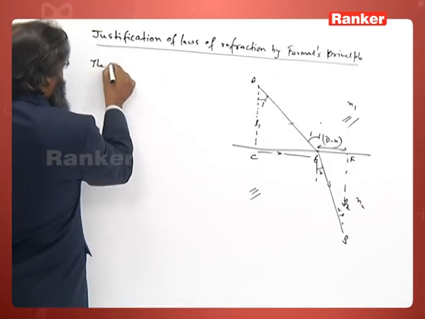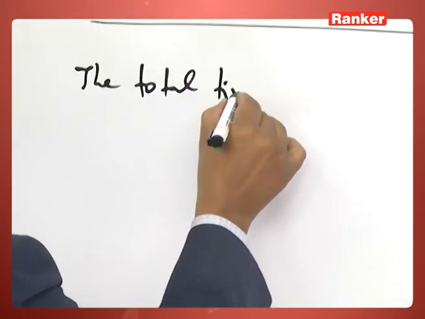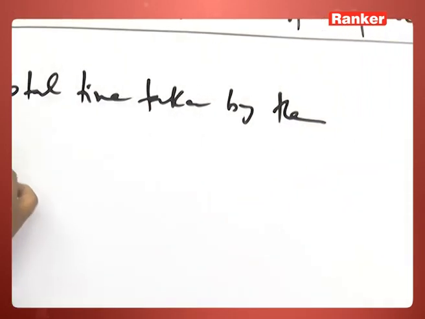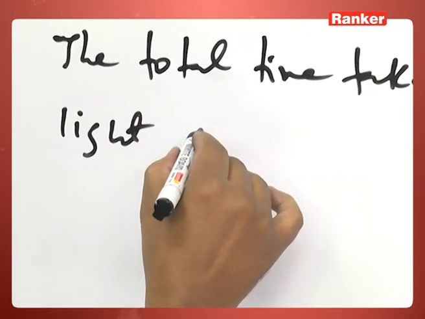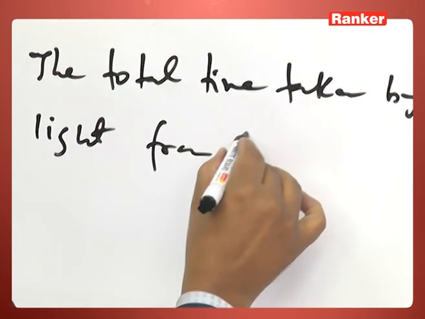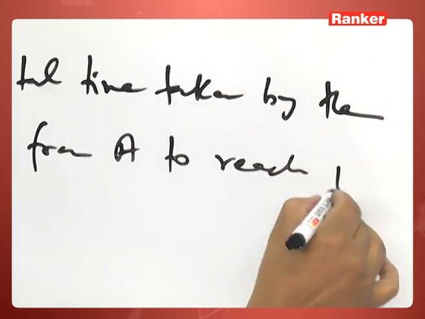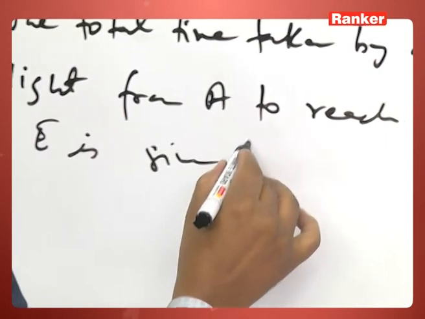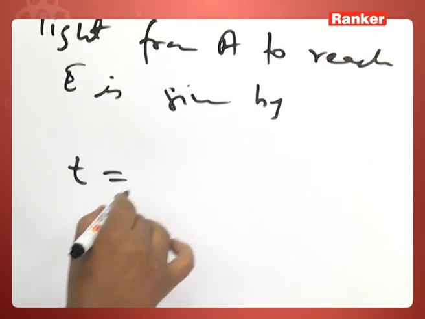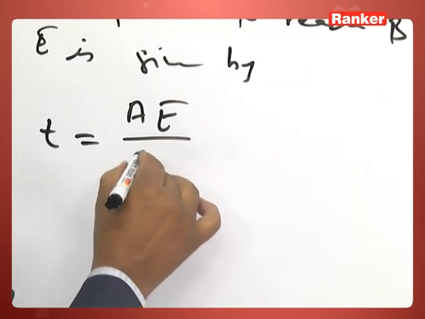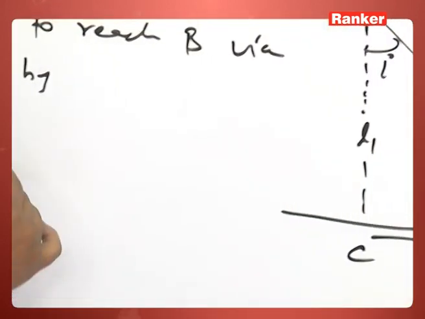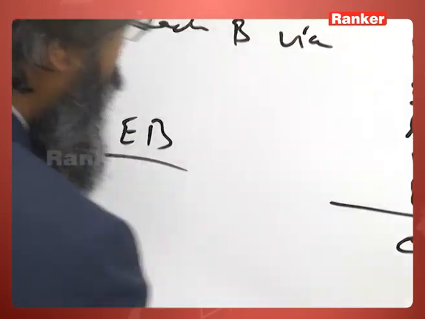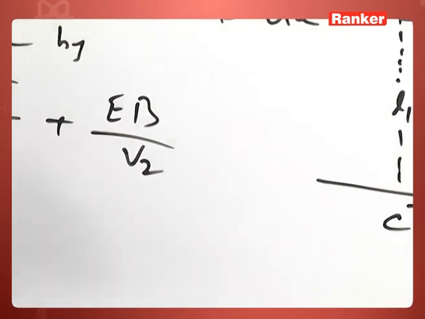The total time taken by the light to go from A to B via E is given by T equals AE by the velocity of light in this medium, V1, plus EB by the velocity of light in this medium, V2.